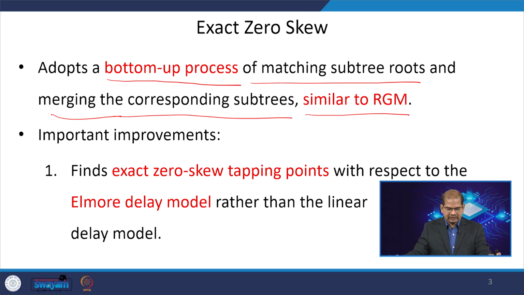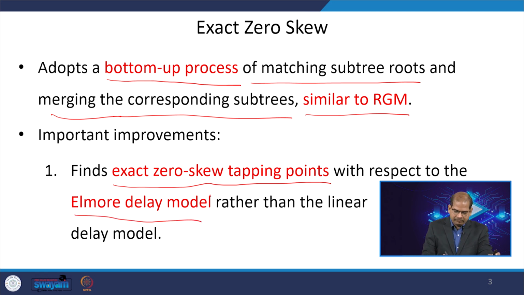The improvement here is that we find exact zero skew tapping points. We are finding an exact zero skew tapping point by considering the interconnect using the Elmore delay model. The main point here is that we are exploiting the Elmore delay model to estimate the wire length and compare it to match the delay through the clock tree.